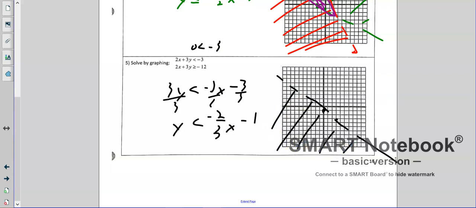I'm going to do the cover-up method on this one. So my y is negative 4. Right there. Move this over. My x is negative 6.